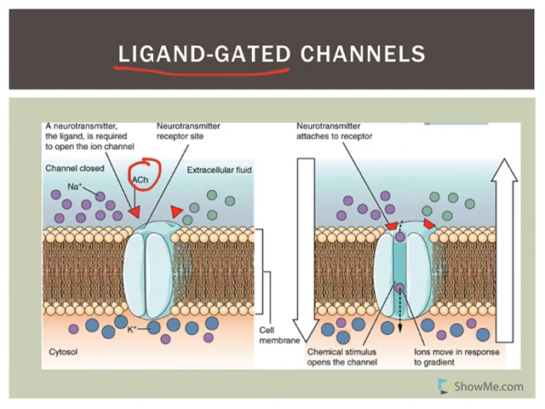In this example, this ligand-gated channel is a sodium channel. So if acetylcholine binds to it, the channel opens, you see here, and then the ion is going to move from its high concentration to low. So we have these ligand-gated channels. They bind to certain neurotransmitters.